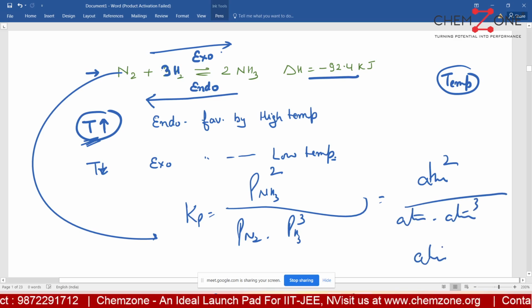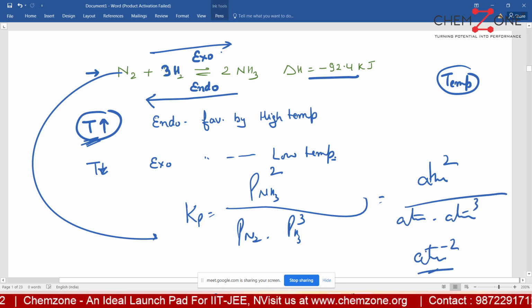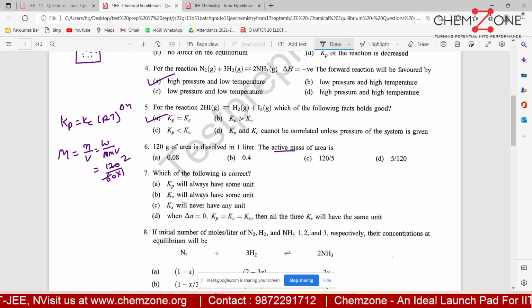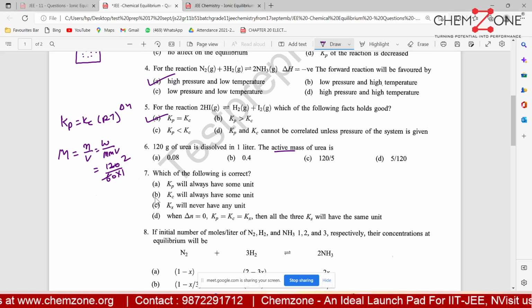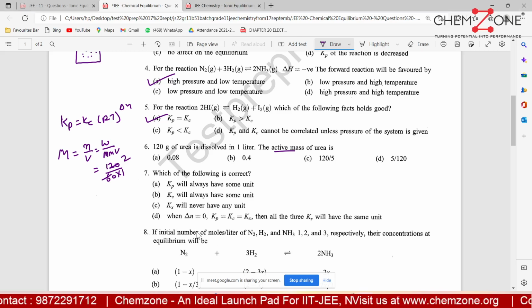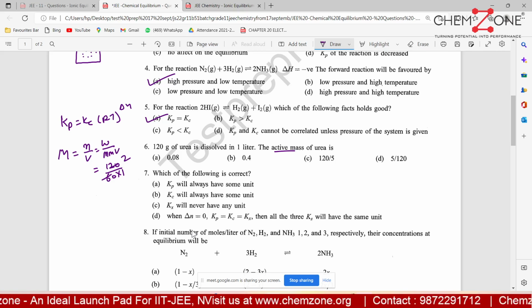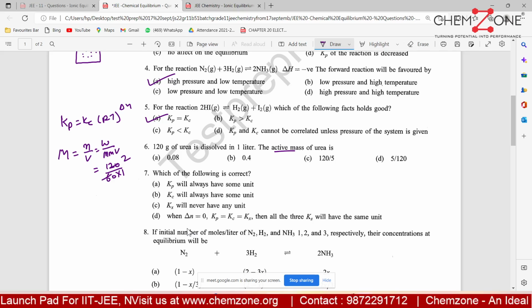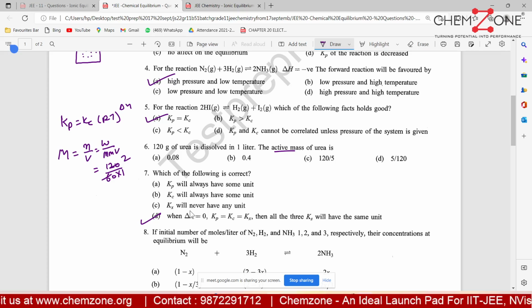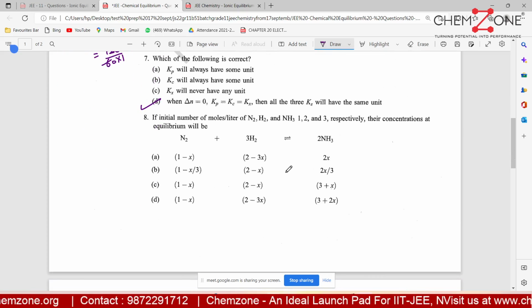So atmosphere to the power minus 2 is the unit of the Kp now. Oh, okay, sir. Then option D is correct when change in moles is equal to 0. Option D, the last one. D is the correct answer. Yes. Okay, now come to this question.